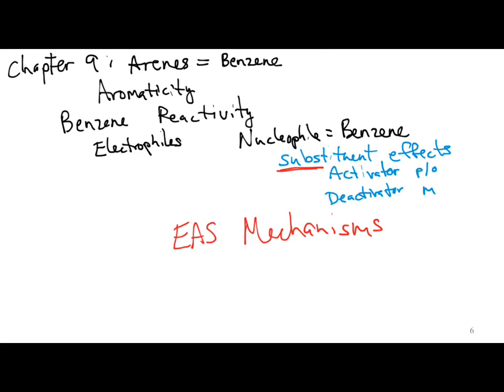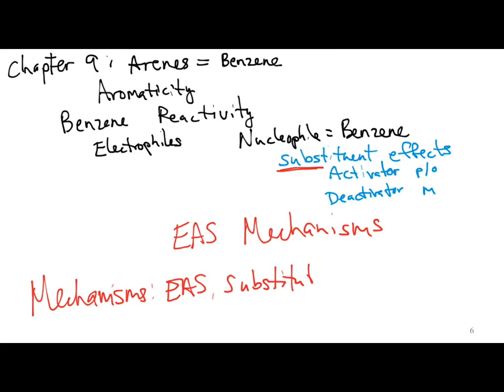Lists of mechanisms that you're ultimately responsible for this exam. So we can kind of just put those all out here. We've got your EAS. You've got substitution. EAS is a substitution. How many types of substitution reactions are there if we don't count EAS? 2, we get the SN1 and the SN2. You get elimination. You've got addition.